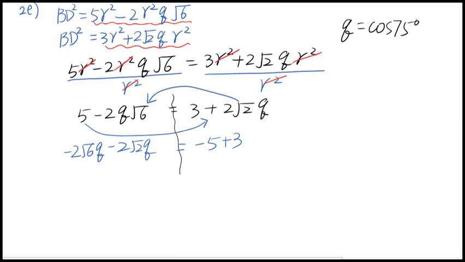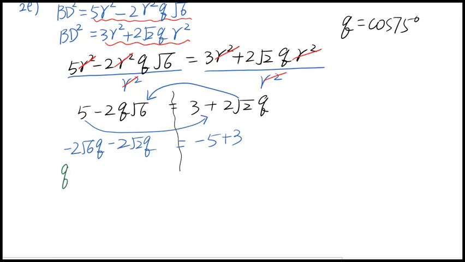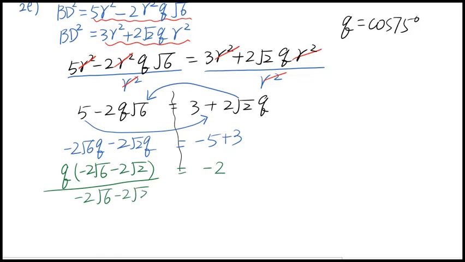Simplify. We will take q outside. You will get q times negative 2 square root of 6 minus 2 square root of 2 equals negative 2. So we divide both sides by negative 2 square root of 6 minus 2 square root of 2.